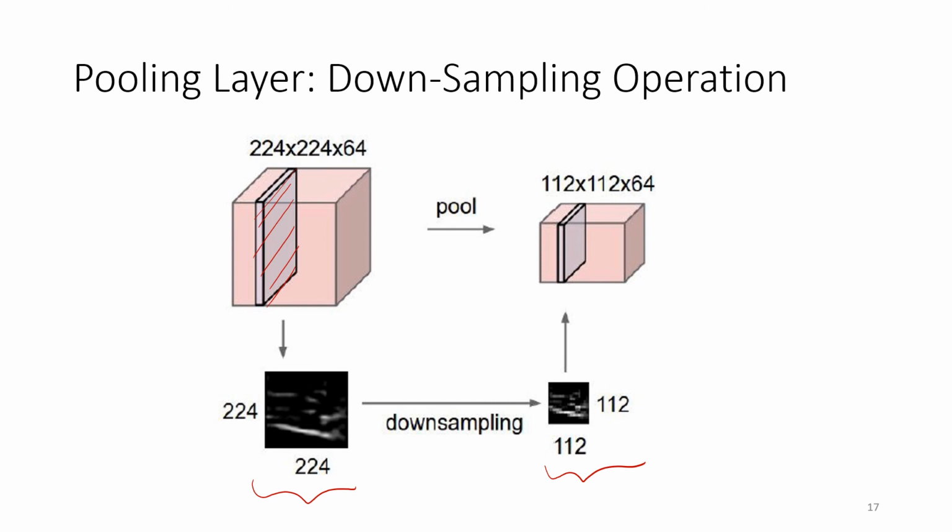Pooling layers perform separately over each channel of the input. So convolutional operators, or these filters, perform over all the input channels at the same time, but pooling layers perform over each slice or each channel separately.